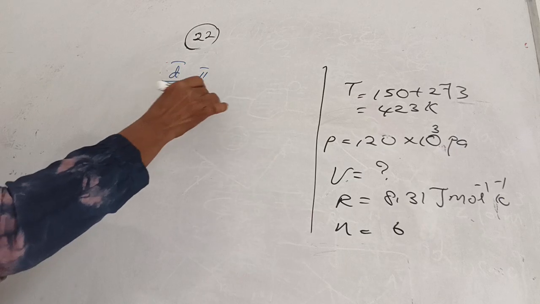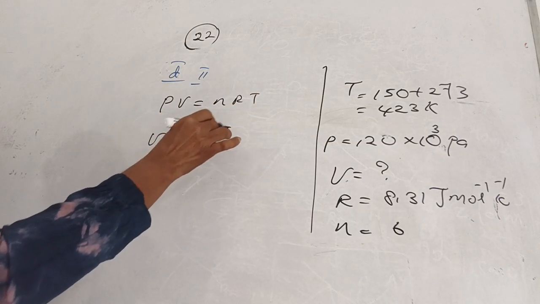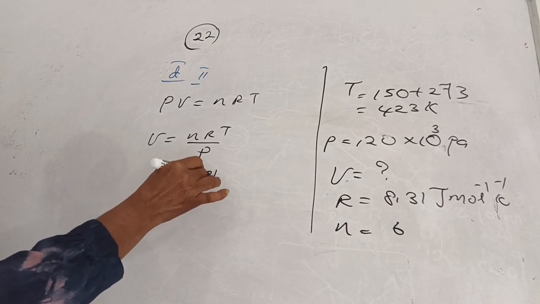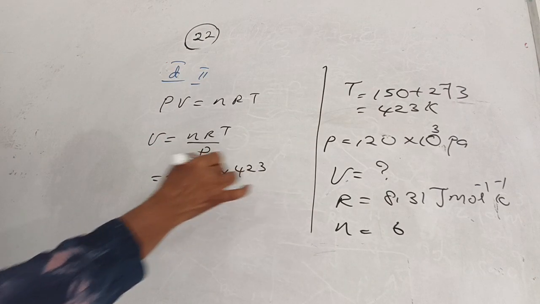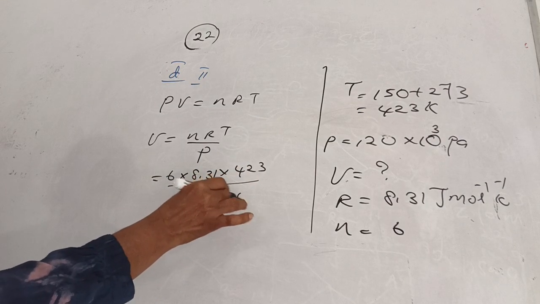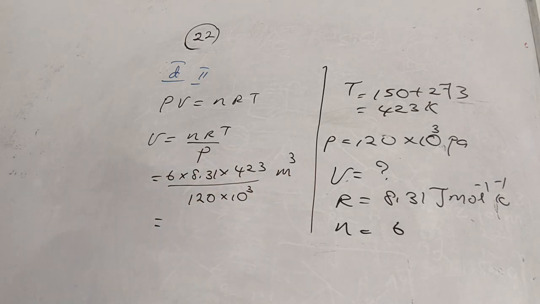You are asking for the volume, so you have to take V out of the expression: nRT divided by P. So it is 6 times 8.31 times 423 divided by the pressure, 120 times 10 to the power 3. The volume comes as the answer in meter cube. The question is asking to find the volume of hydrogen, and units are not mentioned.